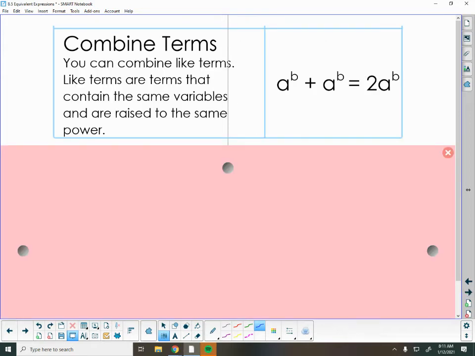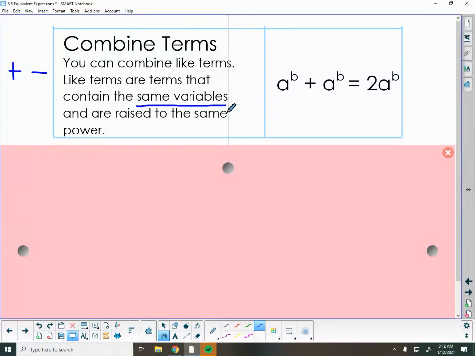Okay, our last thing we can do here to see if expressions are equivalent is we can combine like terms. So remember, terms are things that are added or subtracted. Terms that you can combine, so like terms, have the same letter for the variable. So I can't combine a B and an A. Those are different.